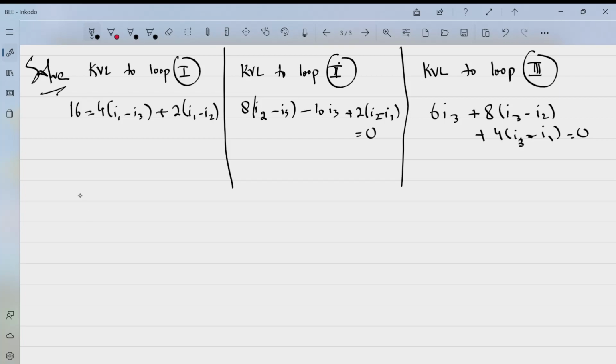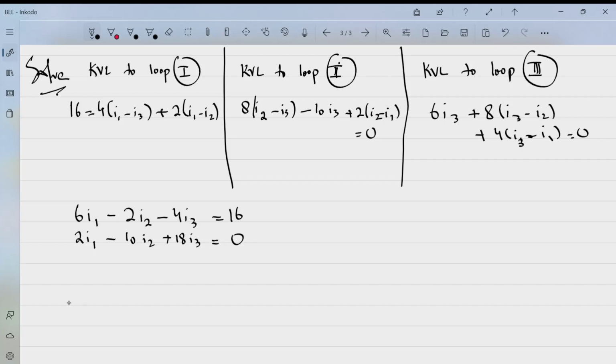First equation is 6I1 -18/7 I1 minus 2I2 minus 4I3 is equal to 16. Second equation is 2I1, 10I2 minus 8 minus 18 plus 18I3 is equal to 0.